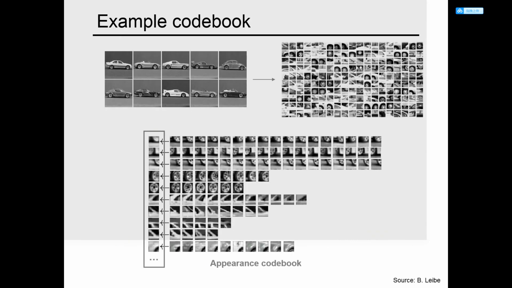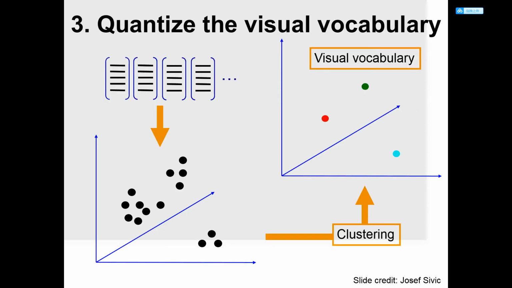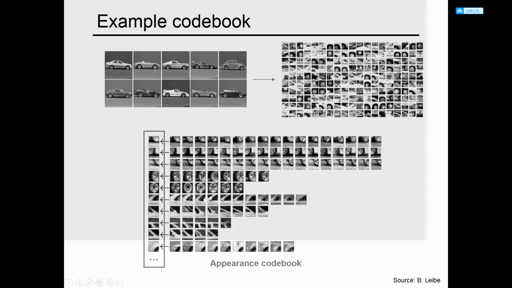Then we build a codebook, and during testing we reverse the steps, not exactly. We again extract the key points, then extract the features, see which vocabulary group each feature belongs to, then build the histogram and use the histogram as the features.